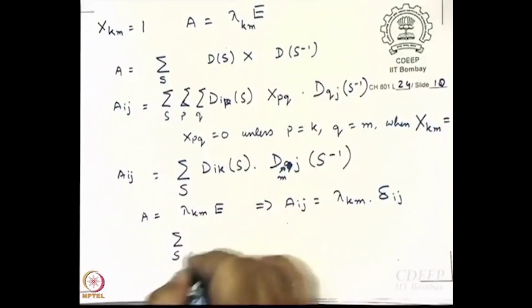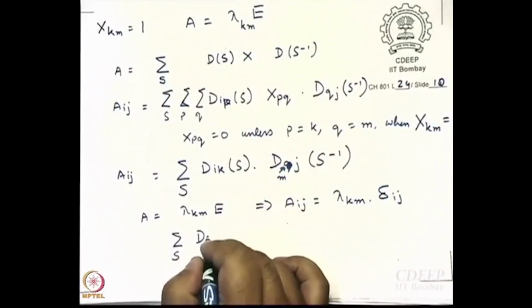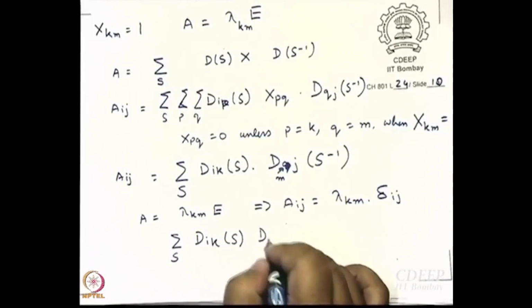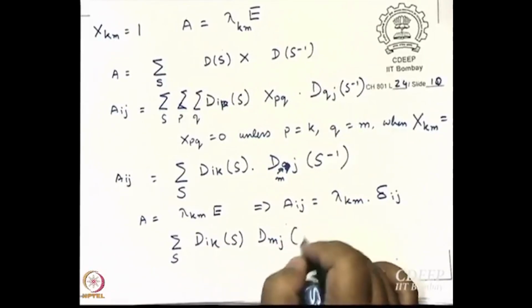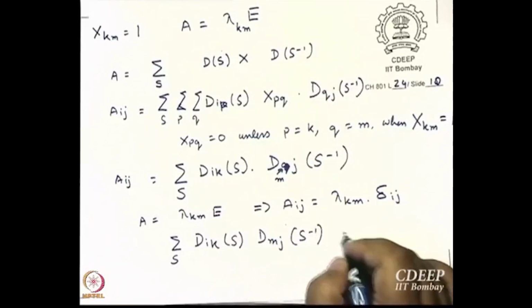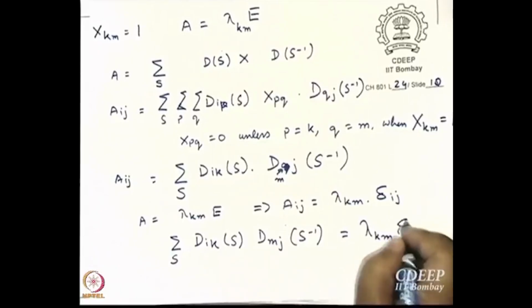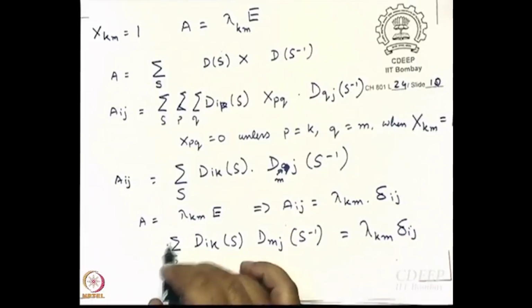Okay, fine. So this is what Aij is. So I hope you will allow me to write sum over S of d ik S d mj S inverse is equal to lambda km delta ij.